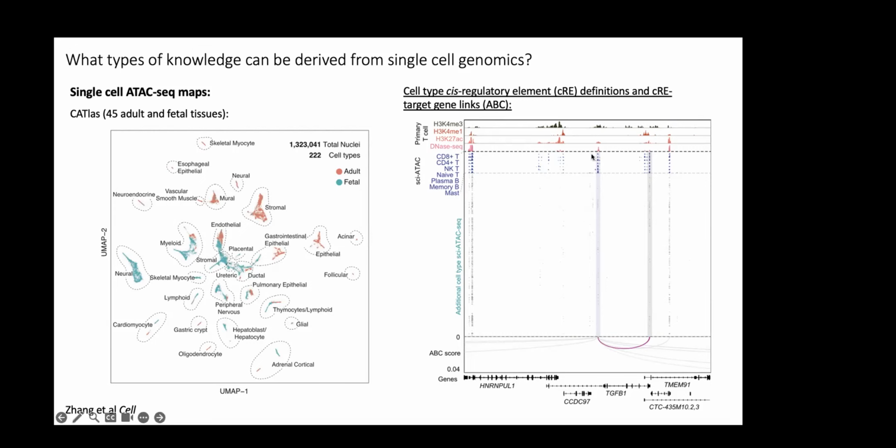So this study not only derived the locations of these candidate cis-regulatory elements, but also the predictions of genes that are likely regulated by these cis-regulatory elements.